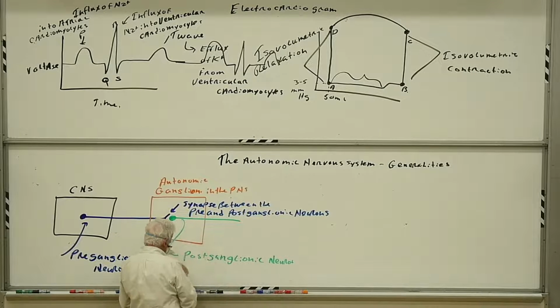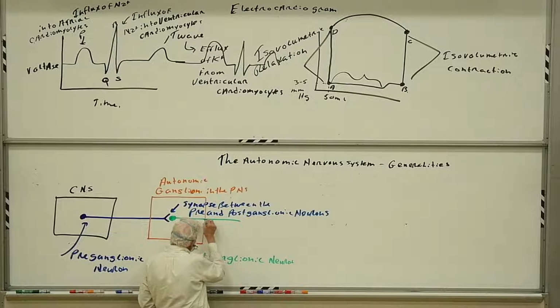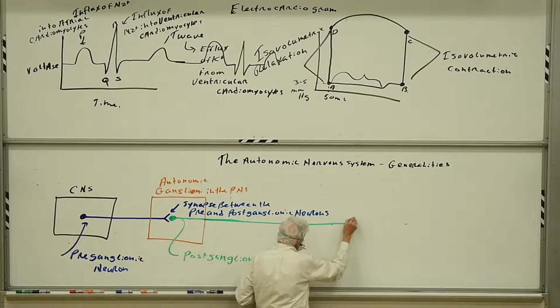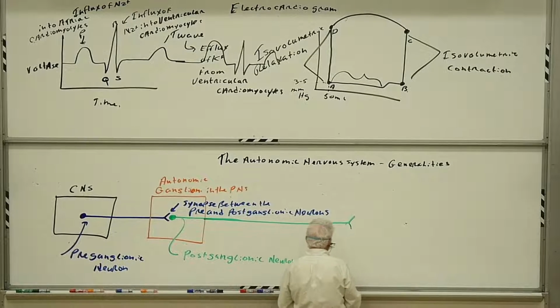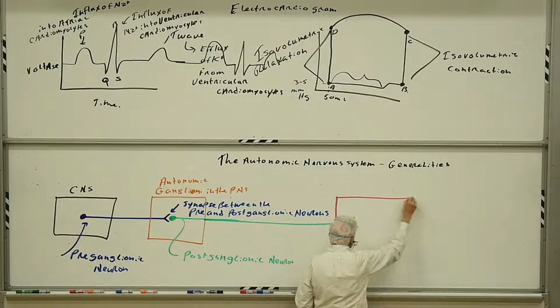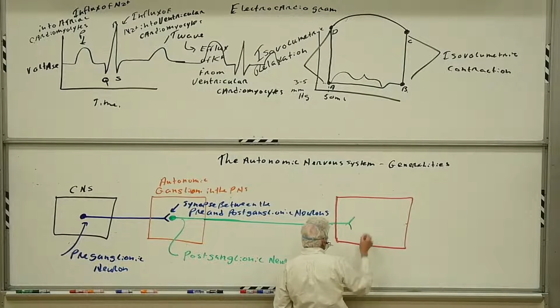So the second neuron here in green, I'm going to have to extend this process out. This synapse is in the third box. That we're going to call the target.